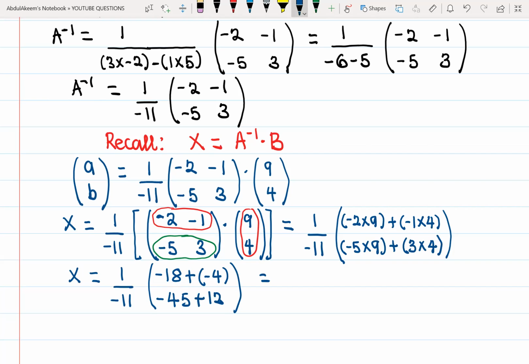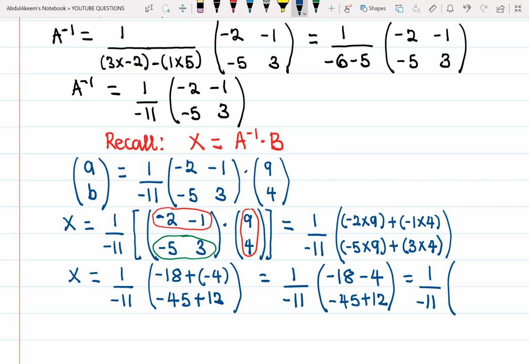So I'll rewrite this as 1 over minus 11, with minus 18 plus times minus giving us negative, so we have minus 4, and I have minus 45 plus 12. So this becomes 1 over minus 11 times minus 18 minus 4, that's minus 22, and minus 45 plus 12 should give us minus 33.